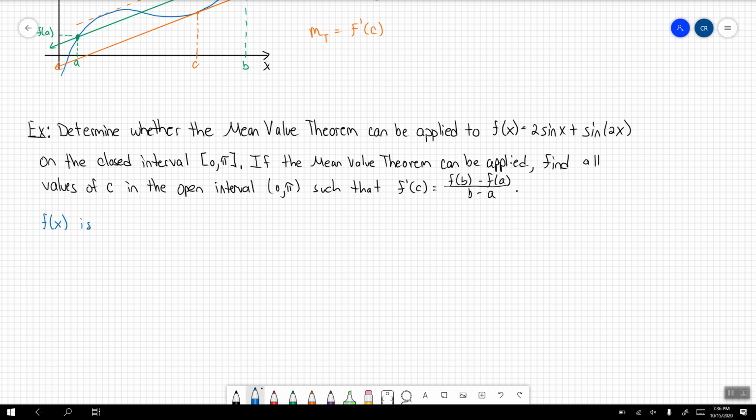F of x is an addition of two trigonometric functions, which are continuous everywhere.